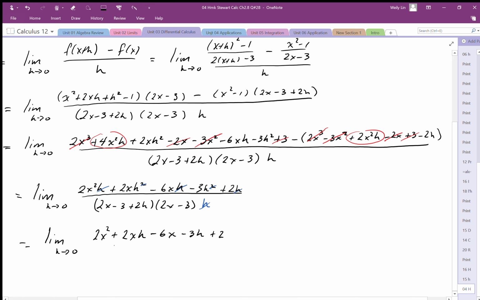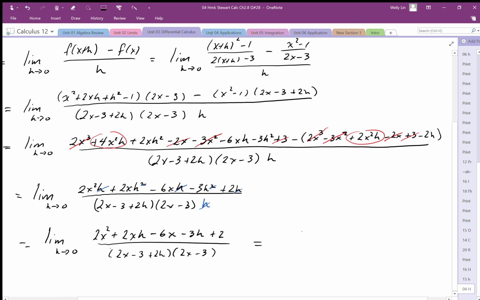So all the terms with h's, when I apply my limit, those terms will disappear. The denominator now becomes 2x minus 3. This disappears here, so we end up with 2x minus 3 squared.